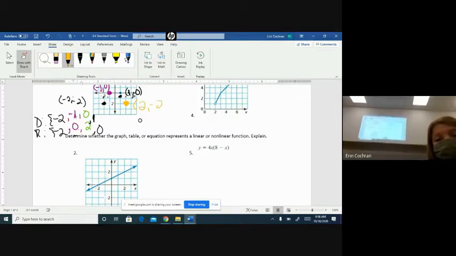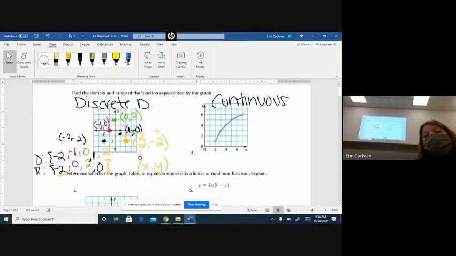So what would be my domain, the 2 or the -2? Domain is my x, so the 2. And then the -2 is my range. And we've already listed it, so do I need to list it again? No. So make sure, guys, when you're doing points, it's always x, y. So you always go left or right first, then up or down. Any questions with that one?